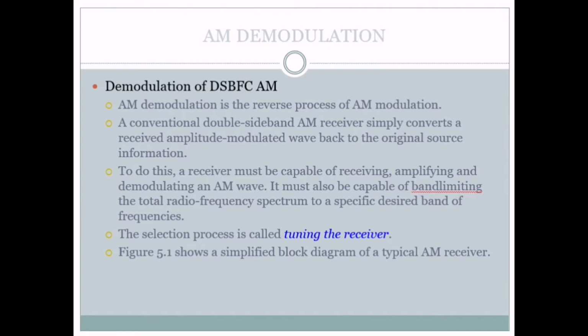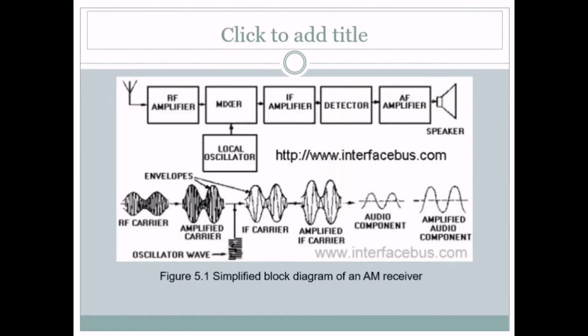We're going to look at the figure in the next slide, the simplified block diagram of a typical AM receiver. If you look at this, from your left side is the antenna that will receive the AM signal, and after the antenna it goes to the amplifier, which will amplify the amplitude AM wave.